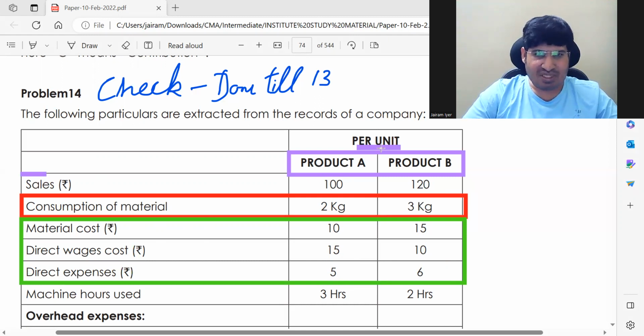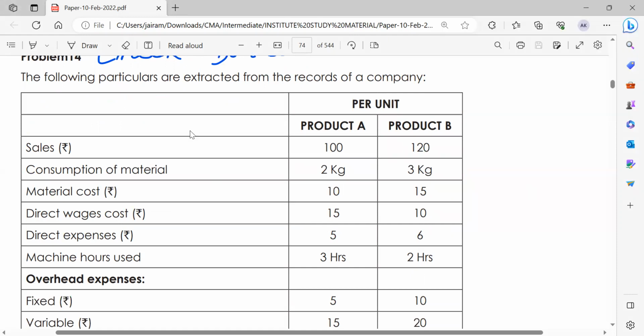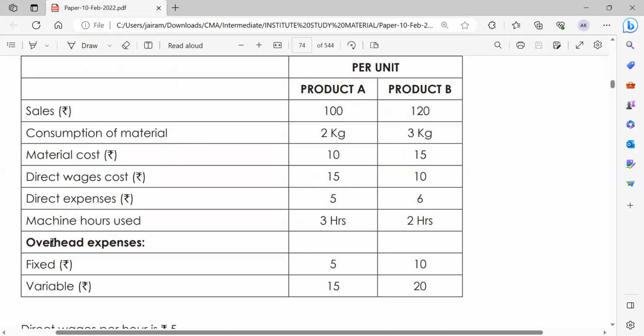So, and apart from this, let's see if anything else is given. So you have got overheads they have given separately. In this also there is variable. So this variable also will have to add to the direct variable.